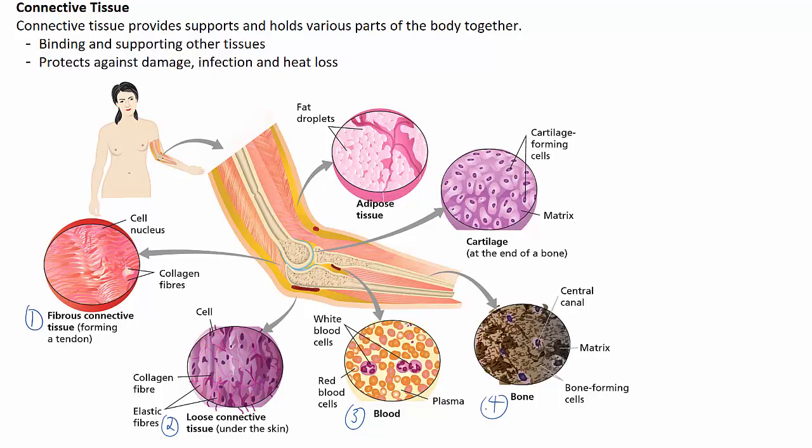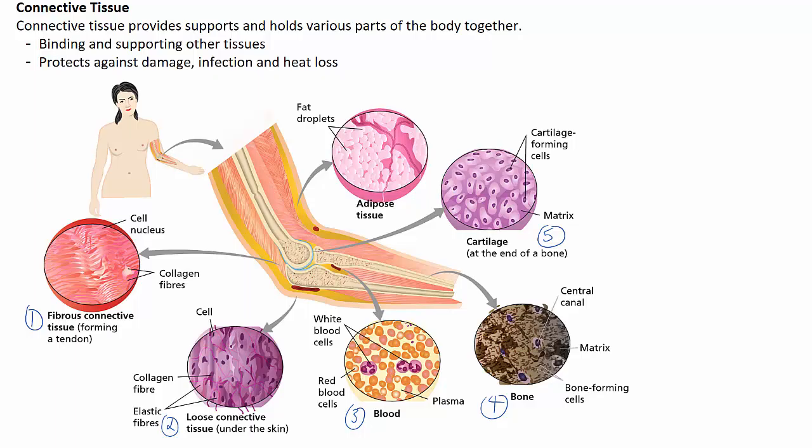Bone is another type of connective tissue, which is obviously very different from the 3 previous examples. Bone is a lot more dense, with hardened cells. Then you have cartilage, which you'll find at the end of your bones, and this provides cushioning between each of your bones so they don't simply grind down together.